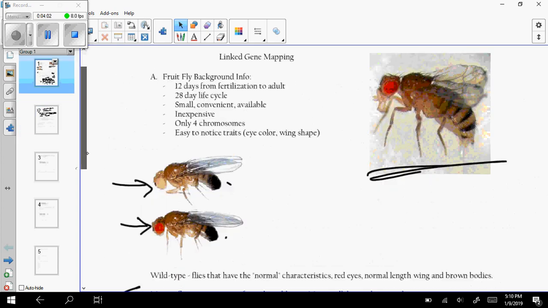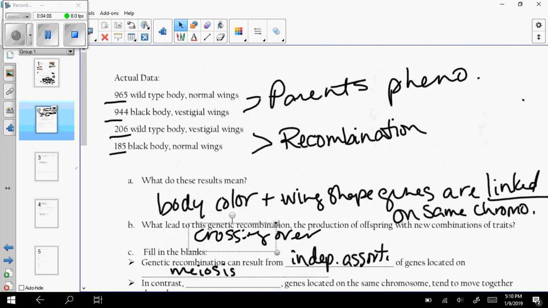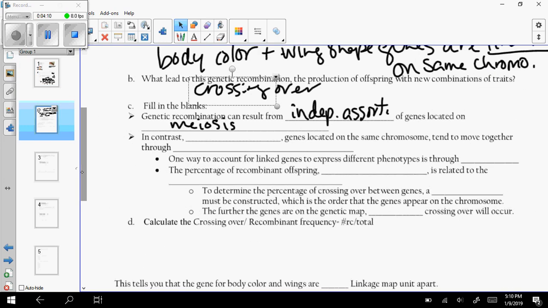When we do this, we're literally showing the separation of the pairs of chromosomes and all the possibilities you could get. But in contrast, if you have linked genes and they're on the same chromosome, then they move together through meiosis. Oh, sorry, this one wasn't meiosis. I skipped what I read there. Genetic combination can result from independent assortment of genes based on different chromosomes.